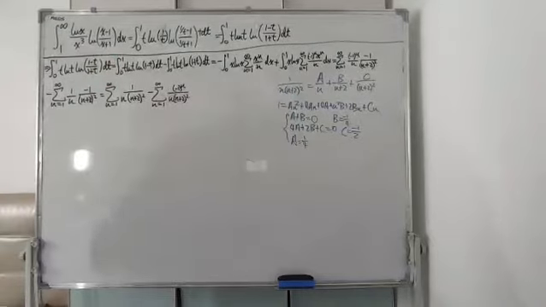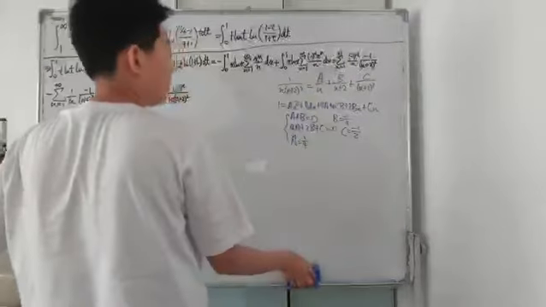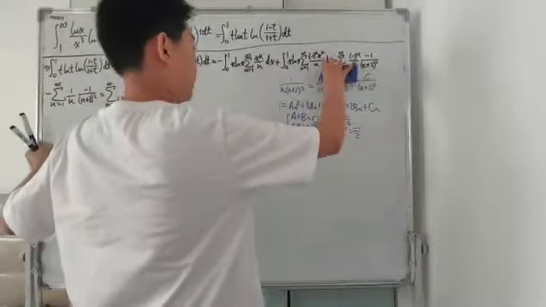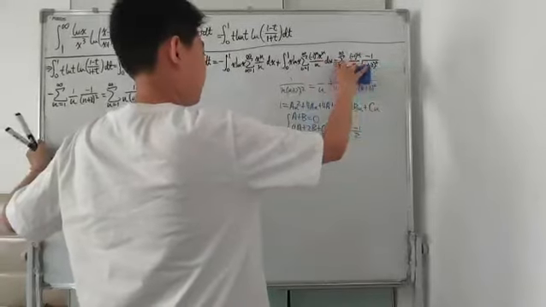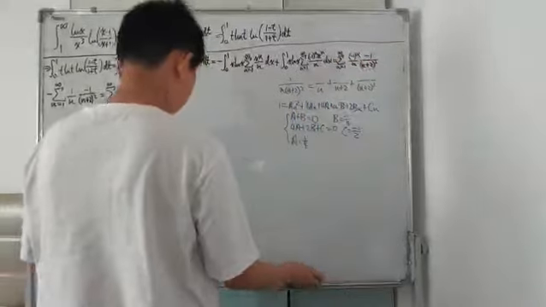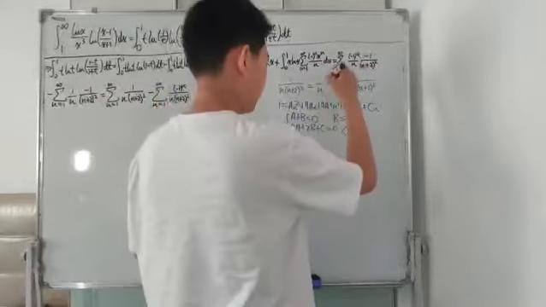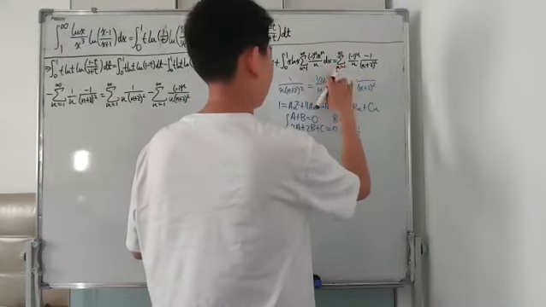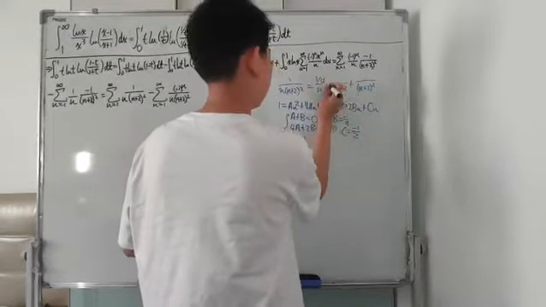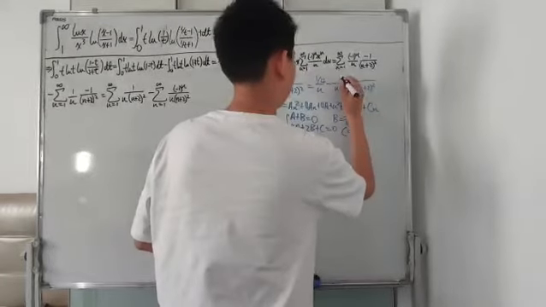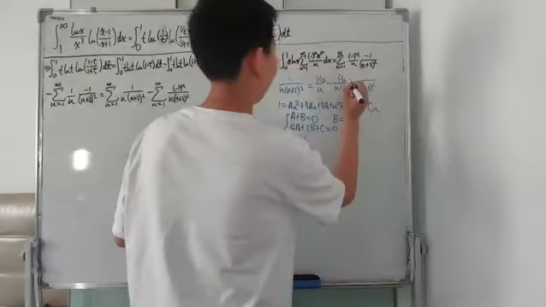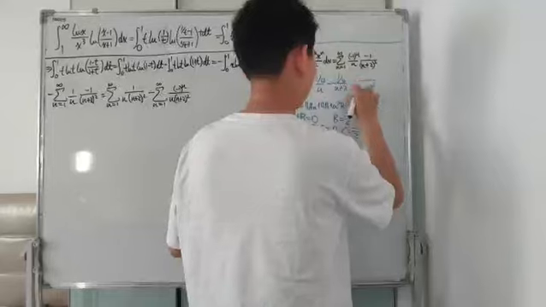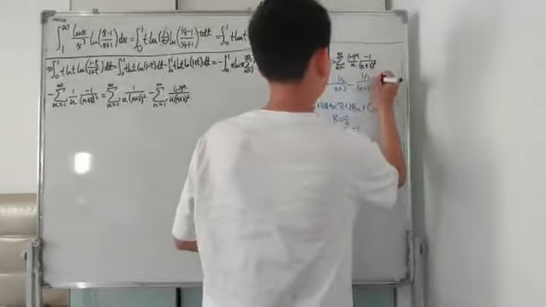Okay, that is cool. So we have our partial fraction decomposition, which is going to be 1 over 4 times 1 over n, then negative 1 over 4 times 1 over n plus 2, and then negative 1 half times 1 over (n plus 2) squared.